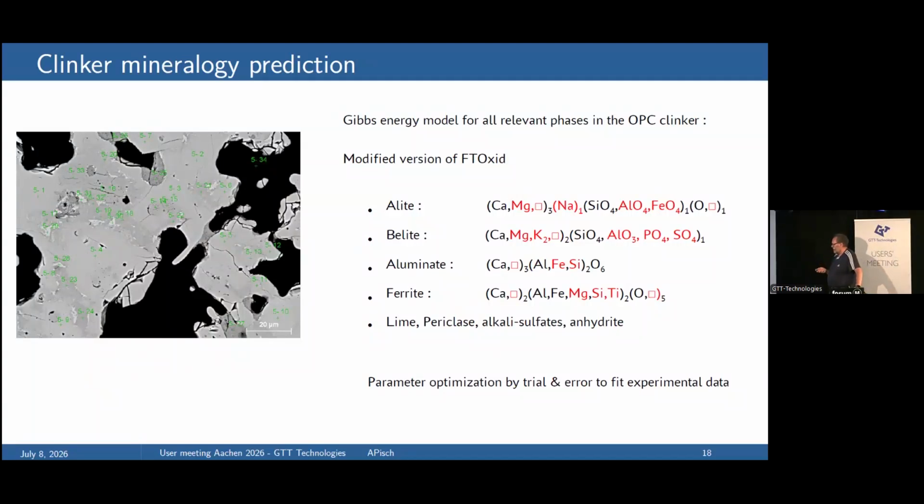So I now have a database in which I use mainly the liquid phase from FTOX, and then all other phases are coming from their own work, in which I optimize the parameters. And it works pretty fine because the solubilities are small. That's the key to the system. The solubilities do not alter much the phase equilibria, just the little amount needed to get a better fit that you need.